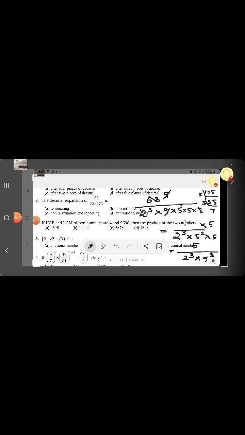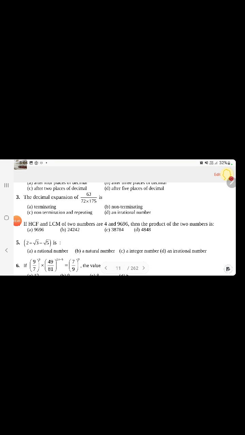So this becomes 5 by 10 cube, which is 0.005. So it is terminating after 3 places of decimal. The given options are terminating, non-terminating, non-terminating and repeating, and irrational number. Obviously this is not an irrational number, this is a rational number and it is terminating.